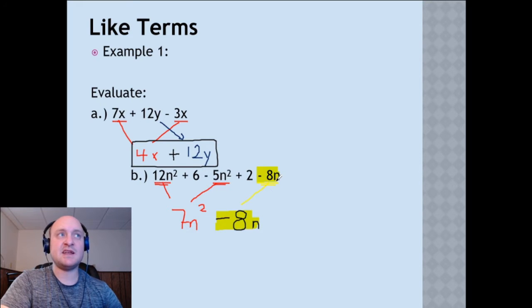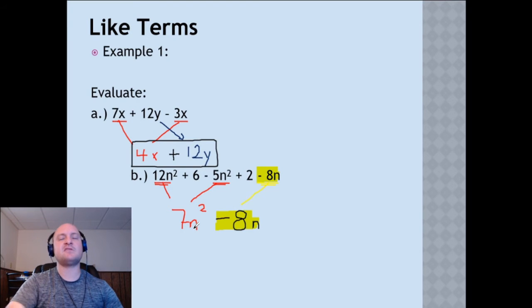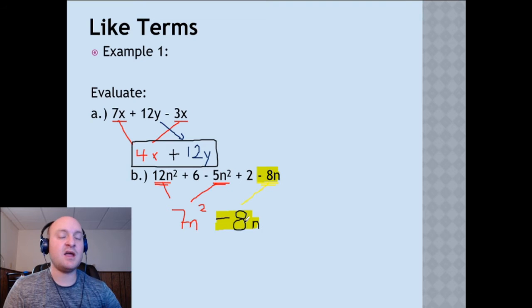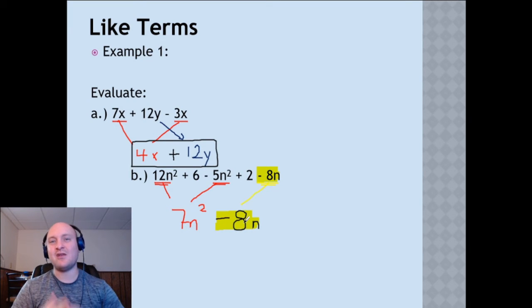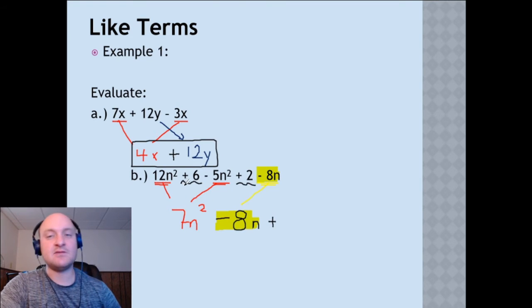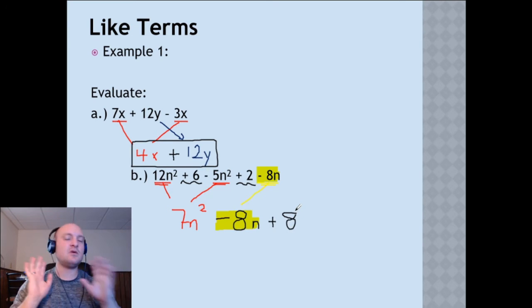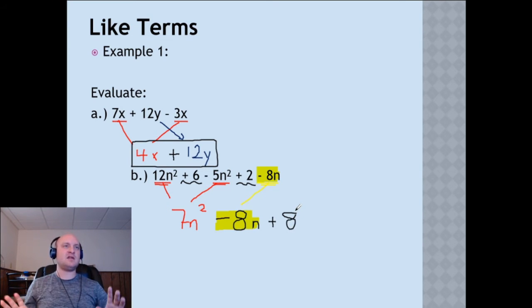Why does the minus 8n have to be different? Well, because the 7n squared is what n squared is worth times 7. In the order of operations, this squared would have to go before we dealt with the 7 or the 8. So I can't combine the 7 or the 8 until I know what n squared is or what n is, and those are likely different things. In the case of the plus 6 and plus 2, we'll just make those a plus 8, and then we're done. I can't combine anything else here.